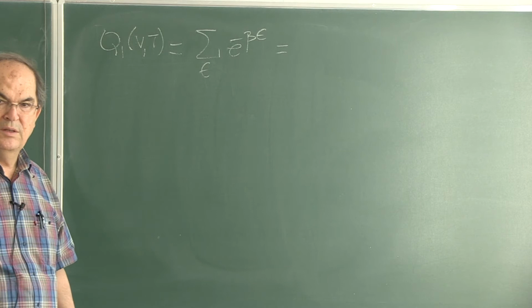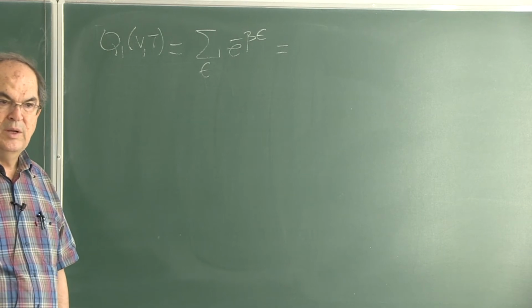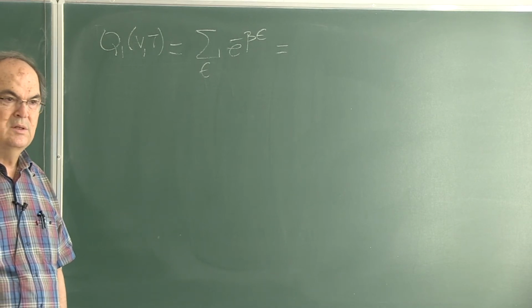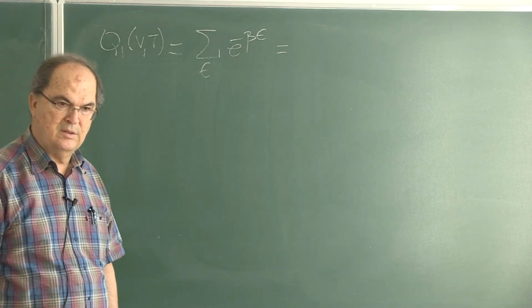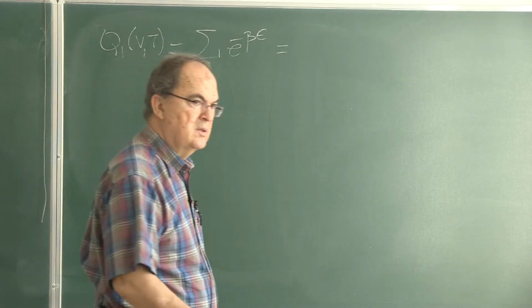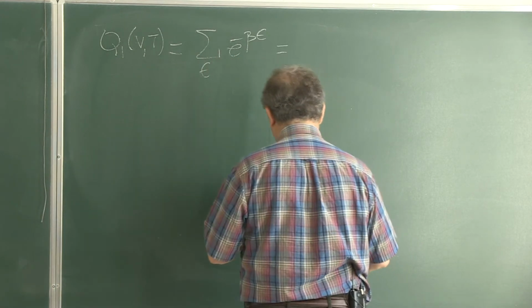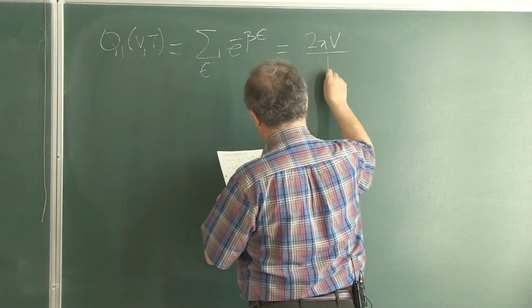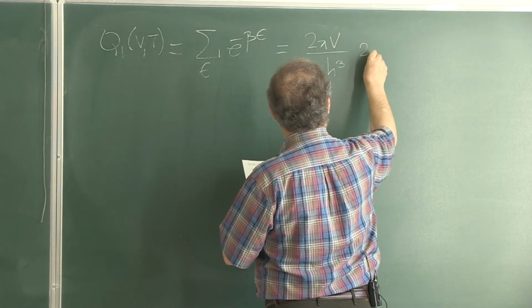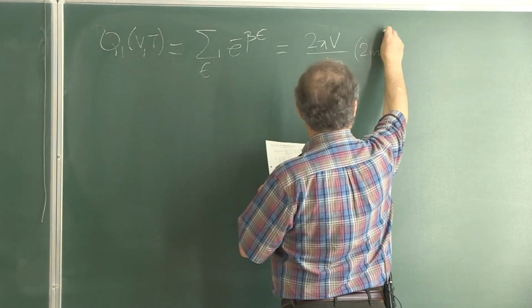Turn this into an integral by using density of states. If it is in 3 dimensions, it goes by square root of energy, isn't it? This becomes 2 pi V over h cubed, 2m to the 3/2.